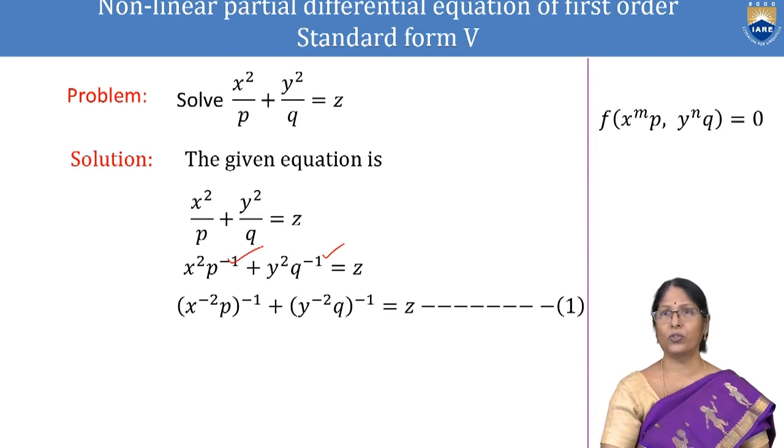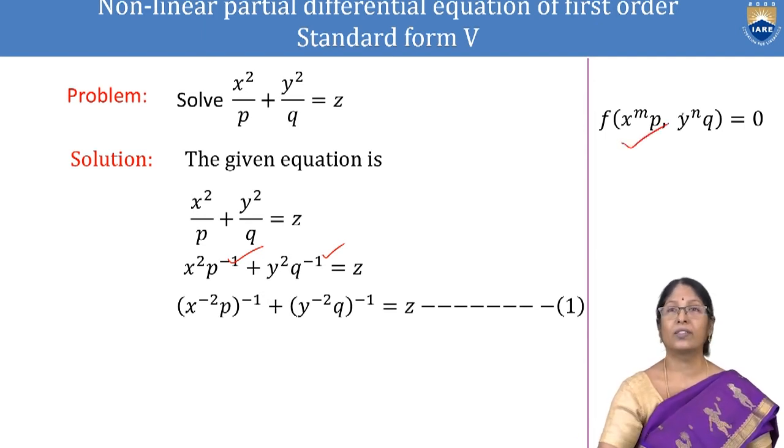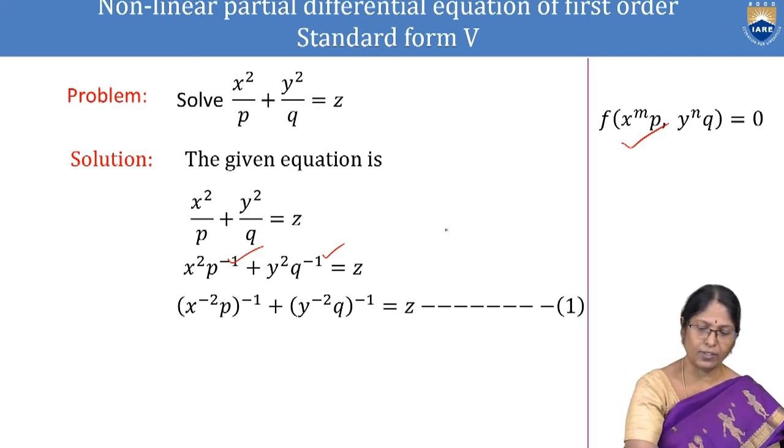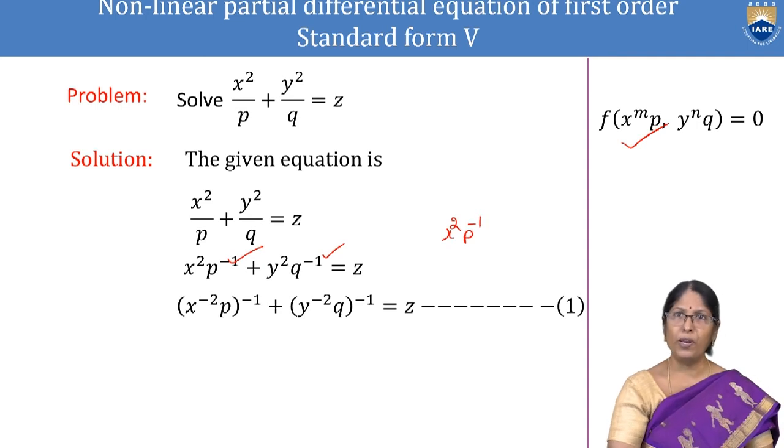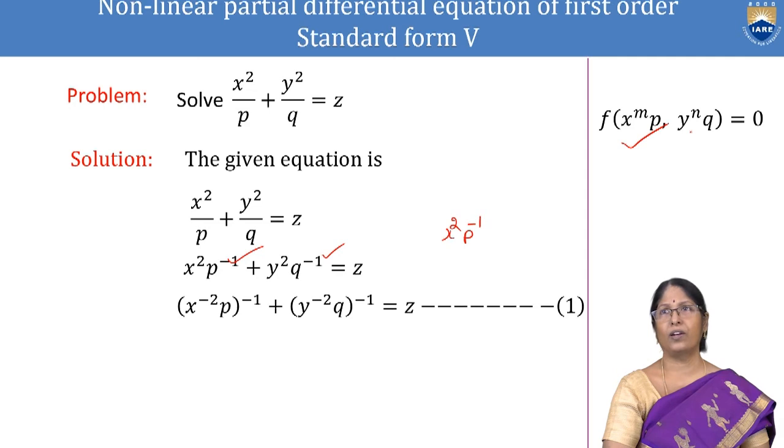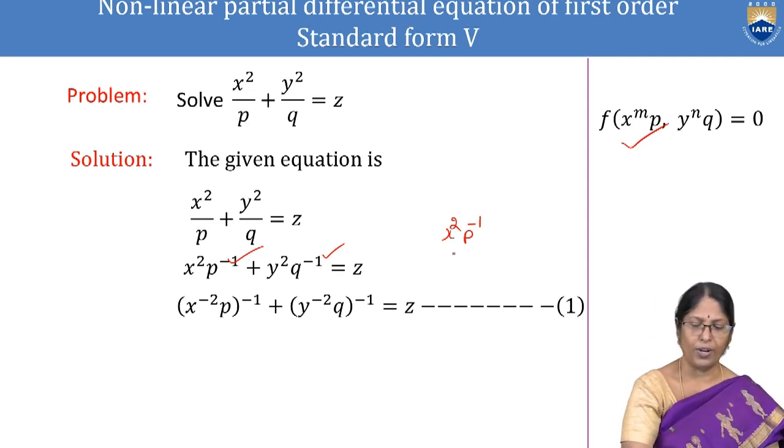It is not possible according to standard form 5. That is the reason this x square p power minus 1 must be simplified in such a way as to satisfy standard form 5. How have we done it?